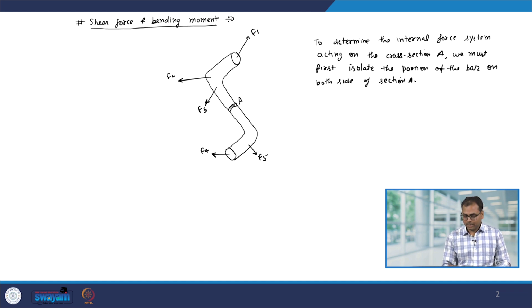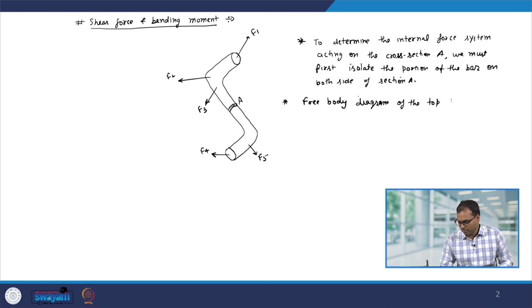Here you can see that there are two parts. So, let us isolate them and look at the free body diagram of the top portion of section A first. Let me isolate it.